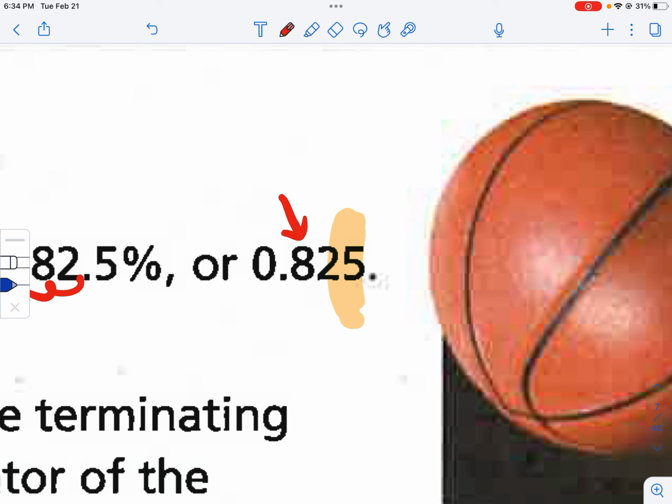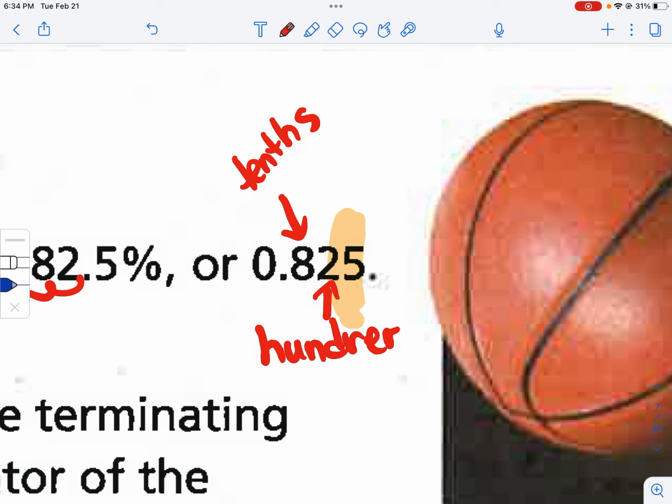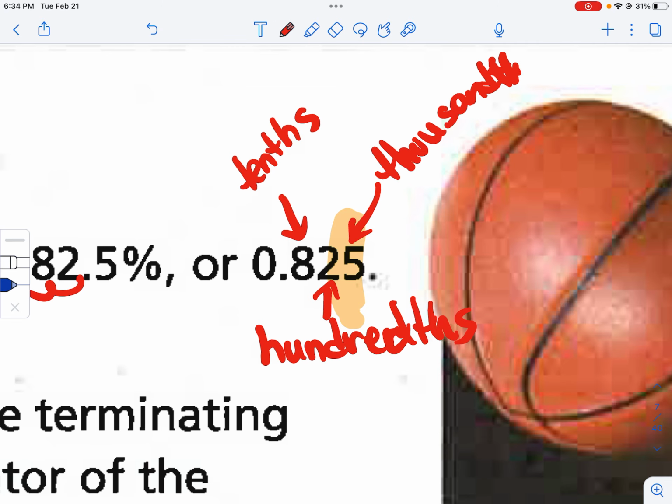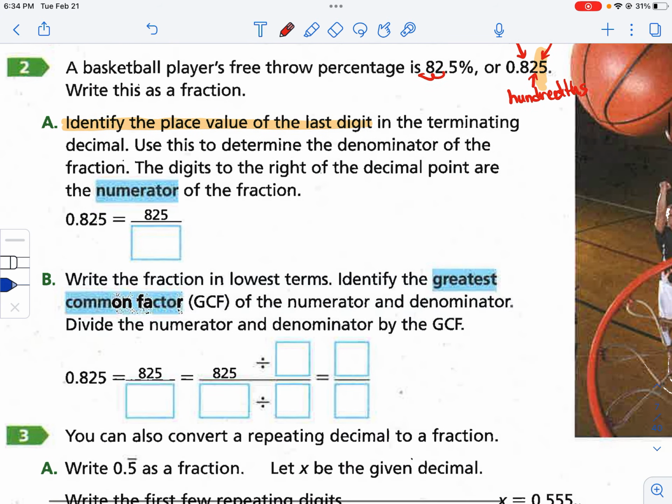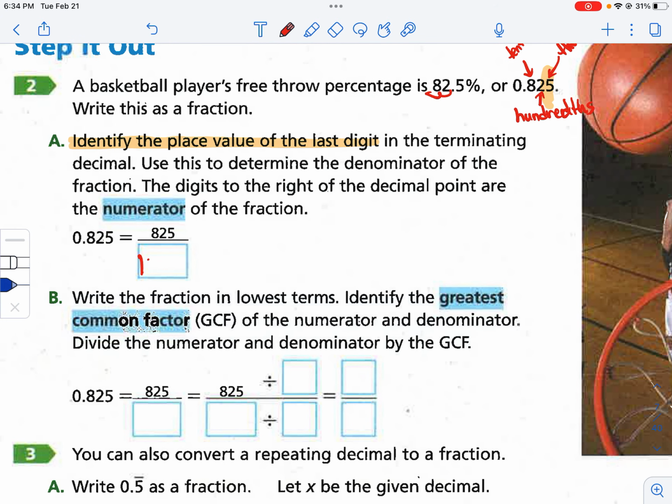So, if you don't remember, this right here is the tenths. This is the hundredths. This is the thousandths. Okay? So, we are going to put that over 1,000.